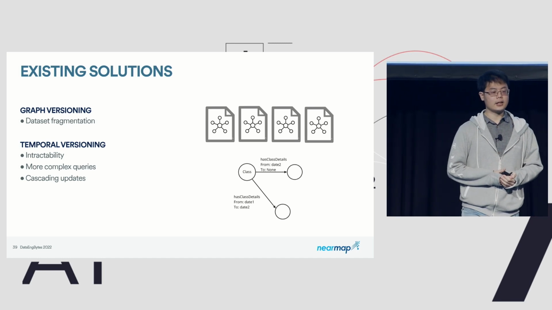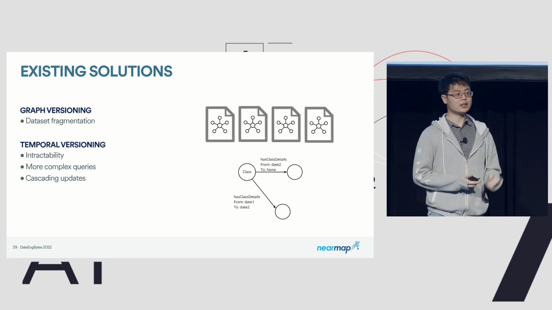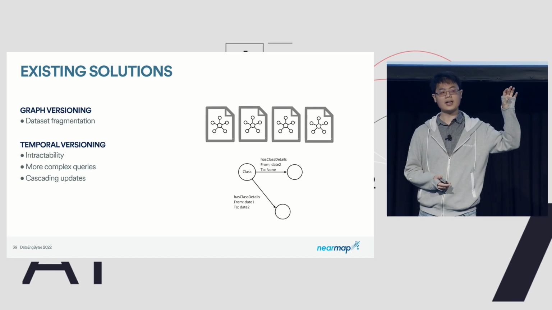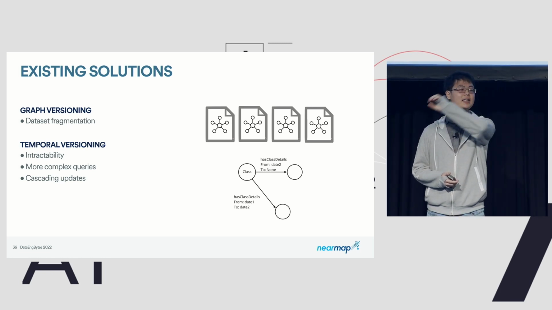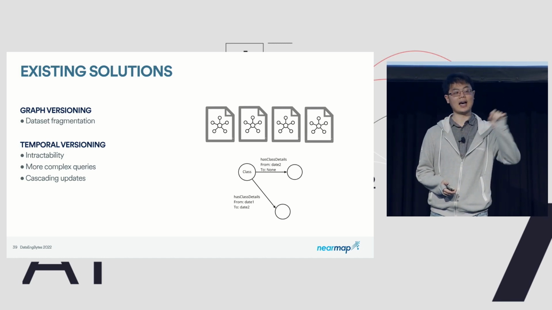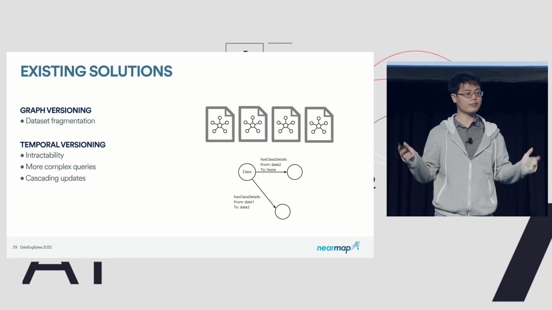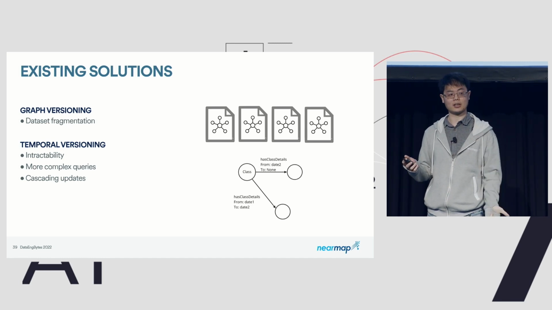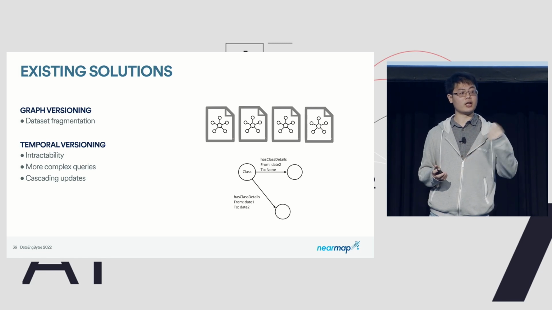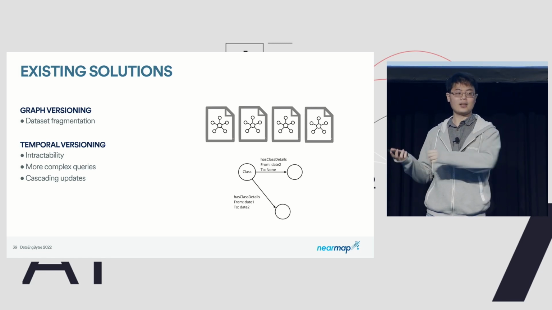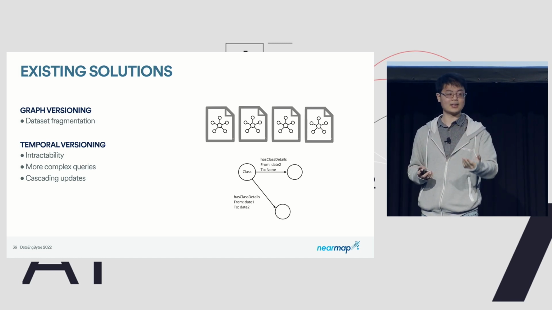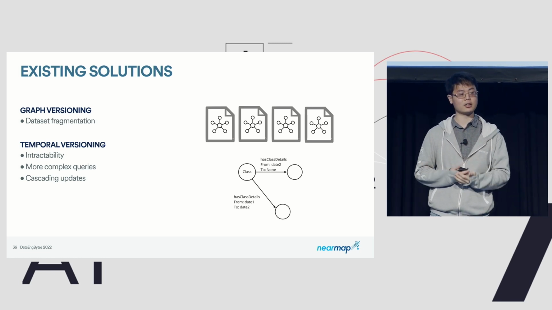Temporal versioning, on the other hand, splits a class from its data. So you have one node for the class, and then you have the details in another node, and you join them together with, in this case, a has class details relationship, and that relationship has timestamps on it. And then when you want to make an update, what you do is you create a new class details node, and then you update the timestamp so that the old relationship is out of date, and the new relationship becomes the current one.